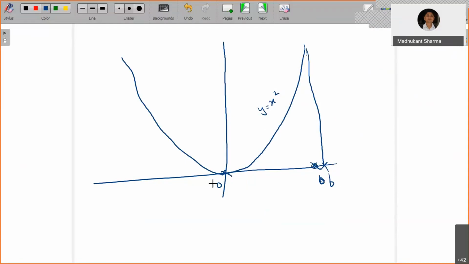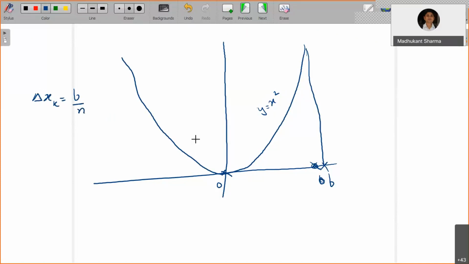Now you can subdivide this. Since there is no restriction, you can take equidistant points. So I can go with delta xk equal to b minus 0 by n, that is b by n.